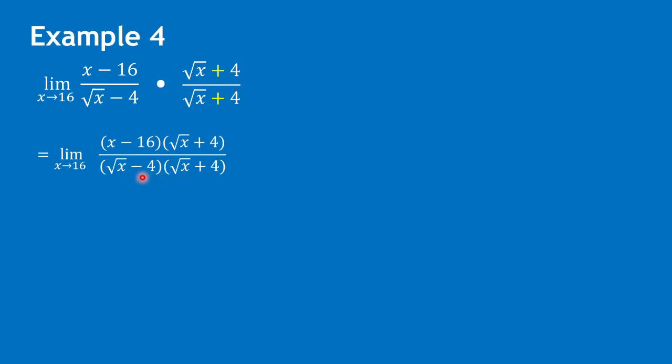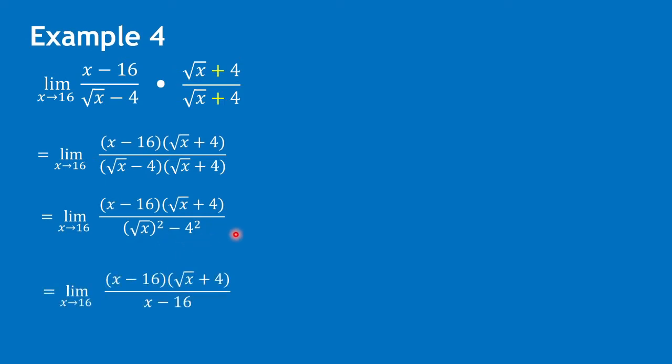Since the denominator is the sum and difference of two binomials, we can use special products to simplify. So we can have the square of the square root of x minus the square of 4. To simplify the denominator, we would be having x minus 16.